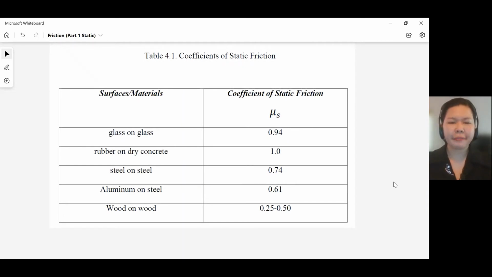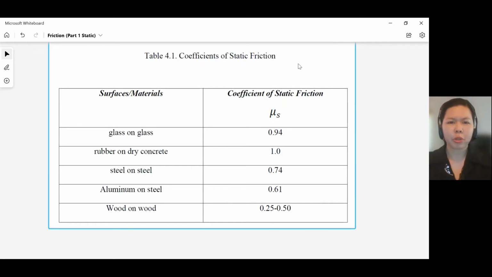On the other hand, the coefficient of static friction mu sub s is a proportionality factor between two materials in contact. Table 4.1 here lists some approximate coefficients of static friction between two materials or surfaces. We have glass on glass, mu s is 0.94.